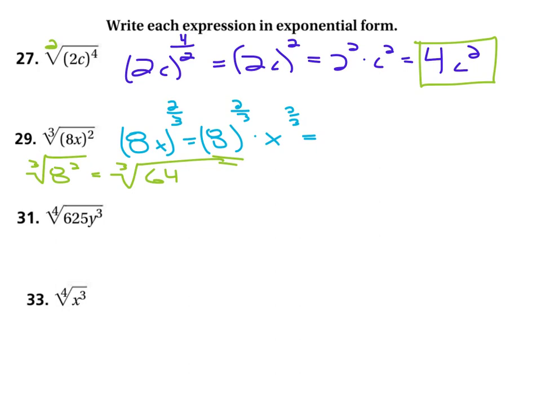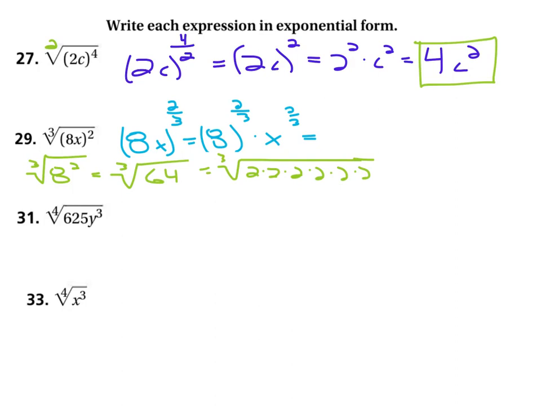And if we broke that down, we would get the cube root of 2 times 2, 4, times 2, 8, times 2, 16, times 2, 32, times 2, 64. And what does it say?